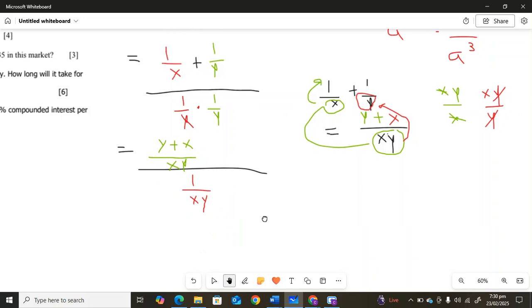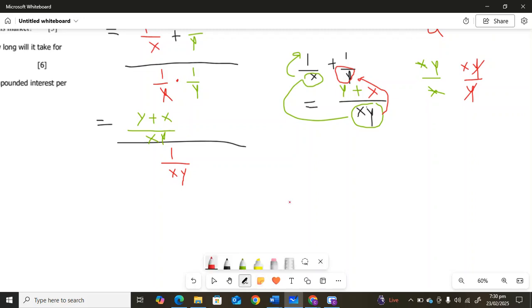So we solve it again on the side here. Y plus x over xy divided by 1 over xy.